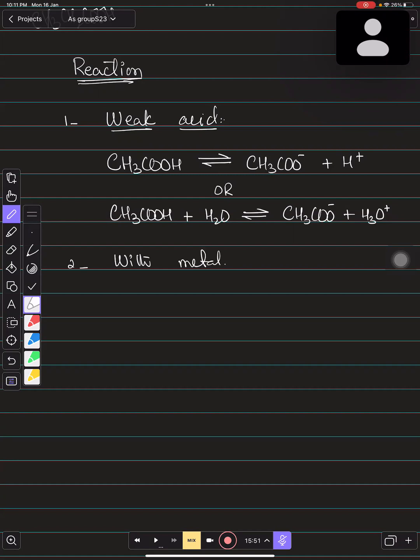So let's talk about, if you have a carboxylic acid, you are reacting it with any metal. For suppose I have potassium. So what happened, बच्चों? The same situation over here all the time. Whenever acid and metals react together, they form salt and hydrogen gas, right? So over here, the hydrogen gas is compulsory, definitely, and the salt will be produced. So what should be the salt?